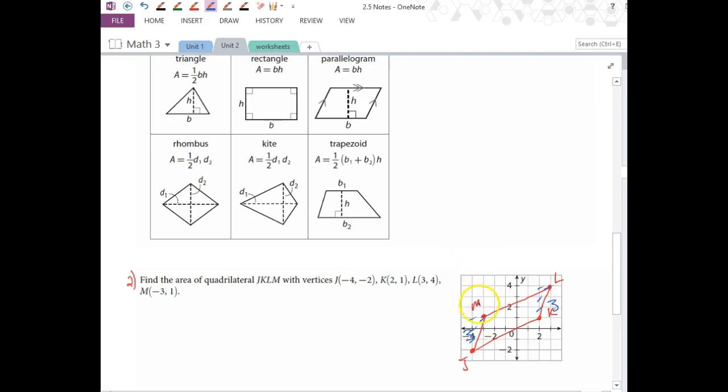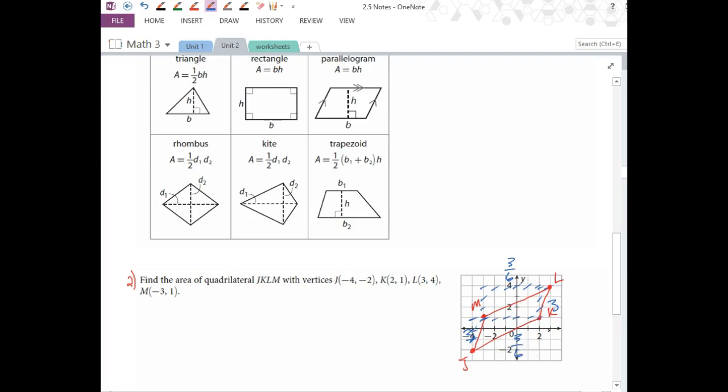From M to L, I'd go up 3 and over 6, so 3 over 6, which I could say is 1/2. And from J to K is up 3 and over 6, so 3 over 6 as well.